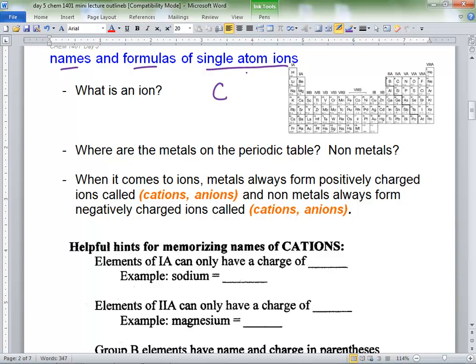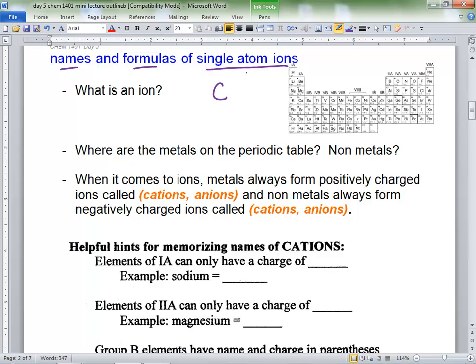But to make carbon an ion, what has to happen? What changes? How do you make carbon, or any atom, an ion? What's an ion? It no longer has a charge of 0. It's negative something, negative 2, or positive 6, or some number. It's not 0. So how do you make it positive or negative? Change the number of electrons, not protons.